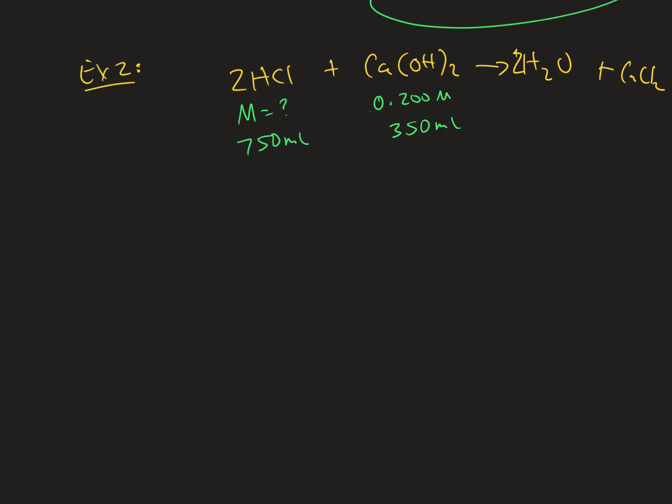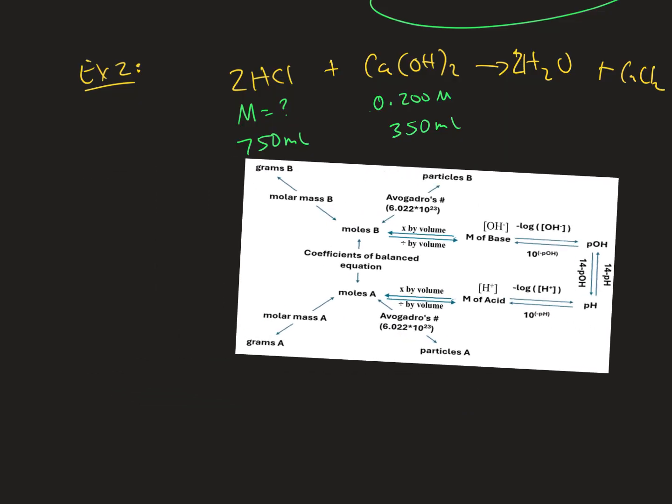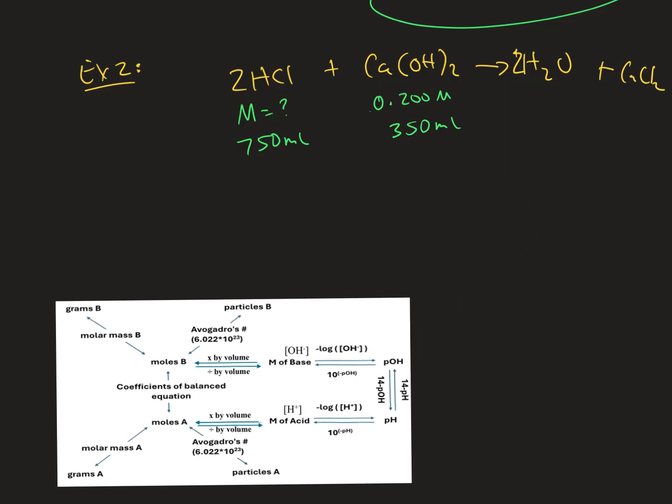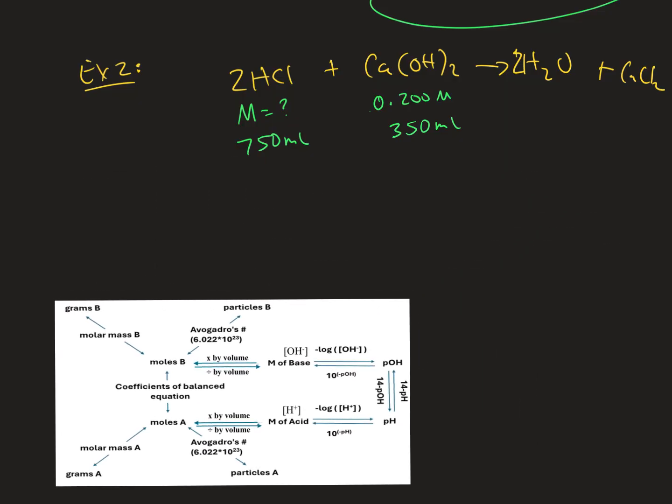Capital M refers to molarity, moles over liters. Good? Okay, let me pull this up. I'm going to shrink that down and put it right down here. Can you see that here? It's the same one, yep.